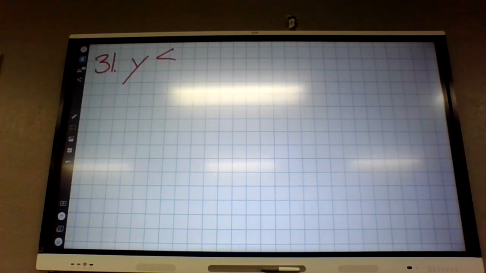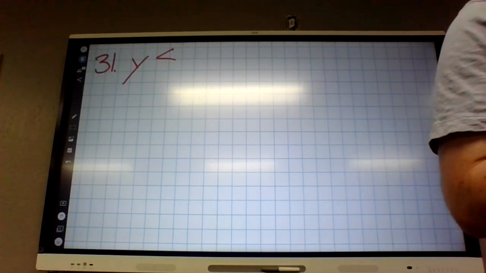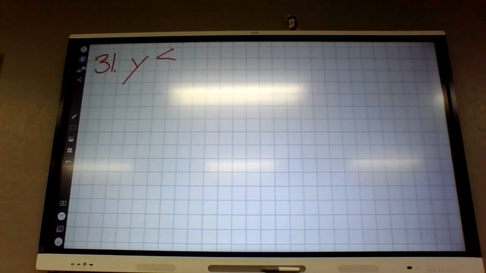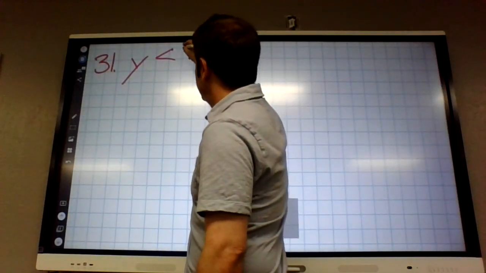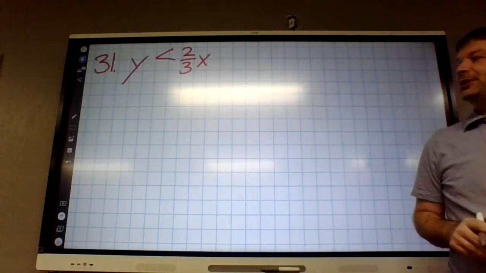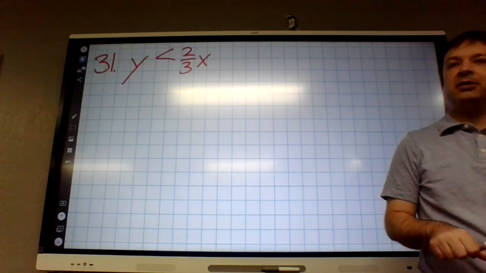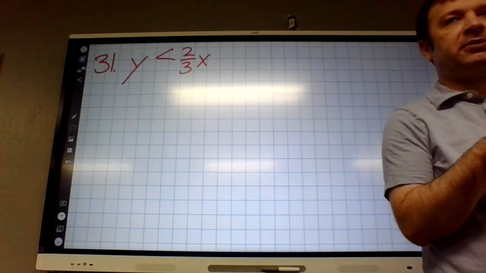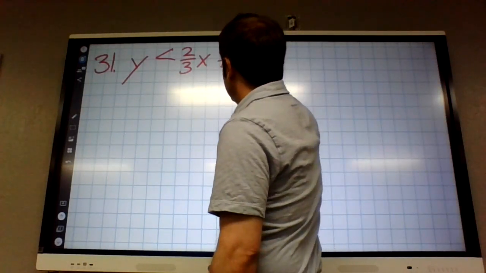Or negative 3, 1? So what's the rise and the run from negative 3, 1 to 0, 3? 2 over 3. You have to rise 2 and run 3. So the slope is 2/3, so you put 2/3 x. Then what am I missing though? The b, which is the y-intercept. What's the y-intercept on 31? Where it hits the y-axis. Up 3, so you just put plus 3.